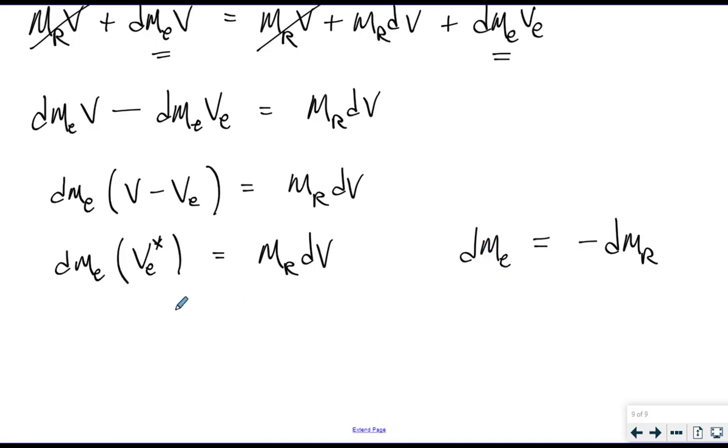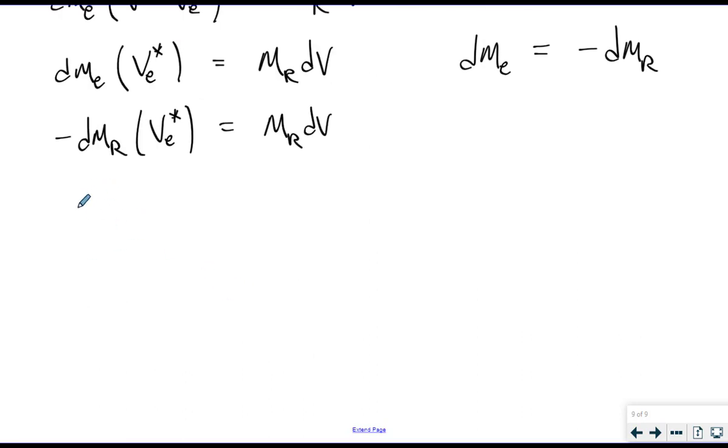So I'm going to replace this with negative differential change in mass of the rocket representing an equal amount to the differential change in the mass of the exhaust. Multiply that by velocity of the exhaust relative to the rocket. Mass of the rocket times some differential change in the velocity.